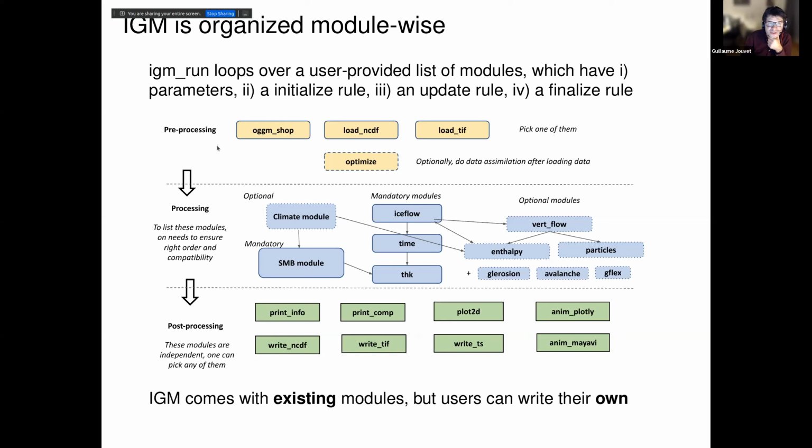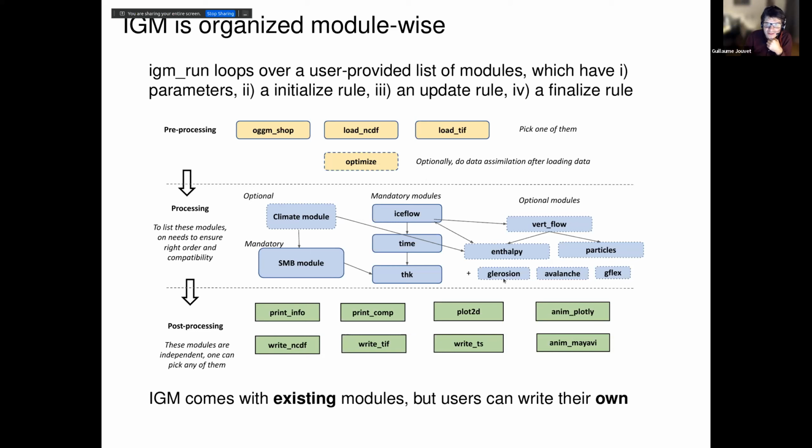There are pre-processing modules, for instance this OGGM shop, which allows us, from one RGI ID, to get all the data using OGGM on the right grid, ready for a run. Or we can load externally some netcdf file, and then one step could be done with optimize, which is the data assimilation procedure that I described before.